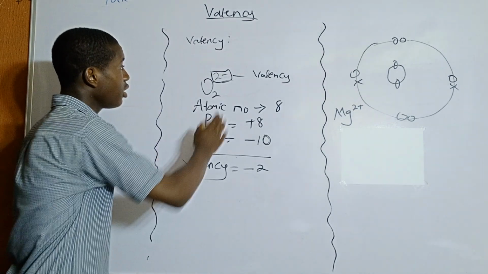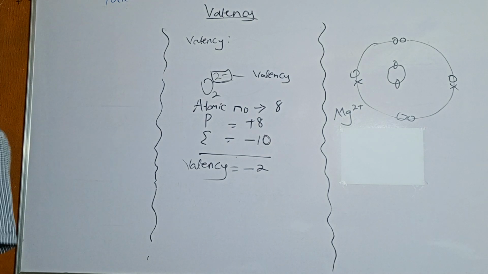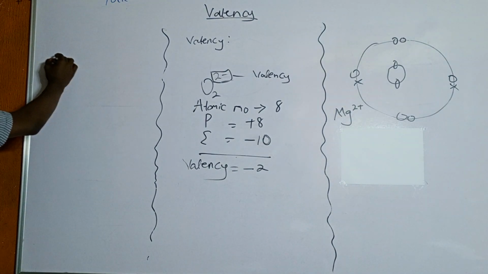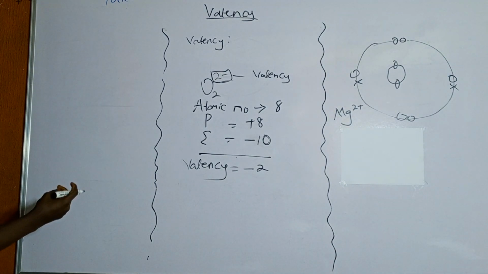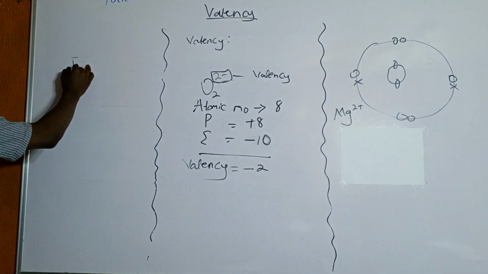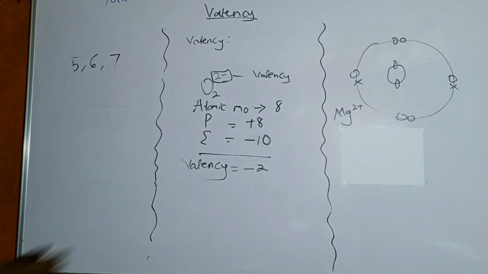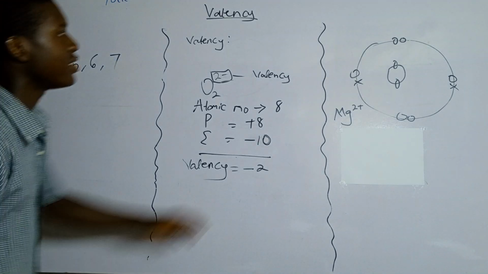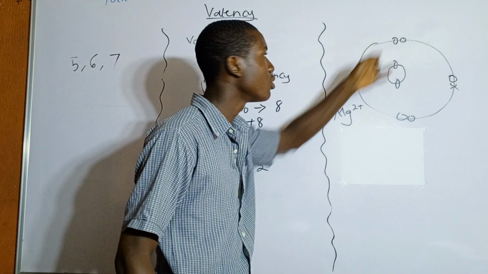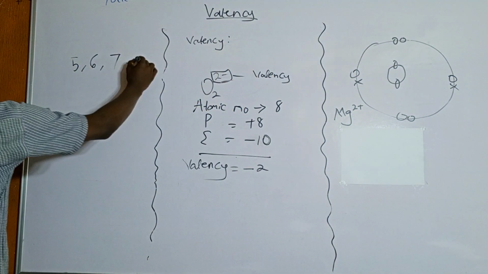Now to understand how to calculate valency for non-metals and for metals: non-metals usually have 5, 6, or 7 electrons in their outermost shell, which is the last shell which has electrons. Now all of them are heading to 8.